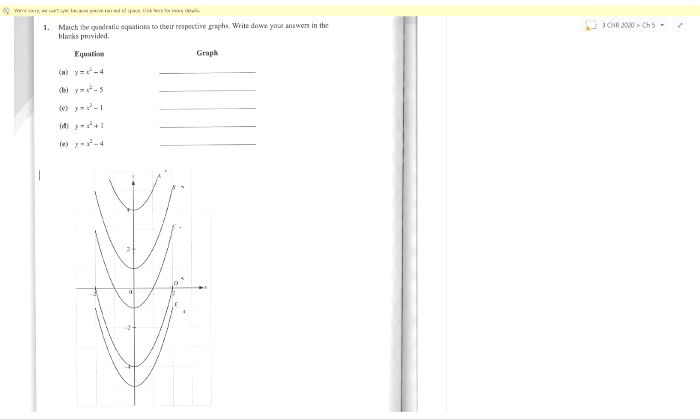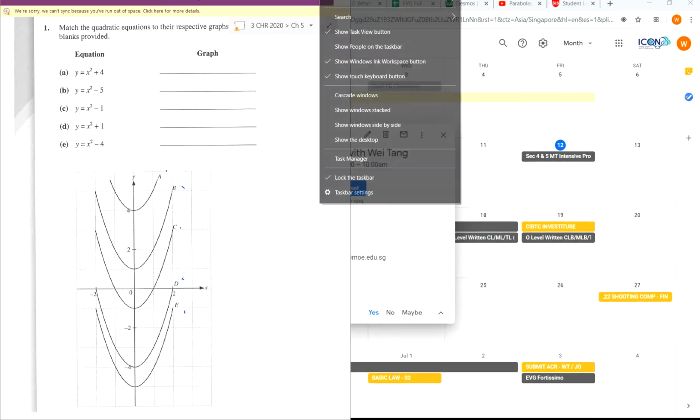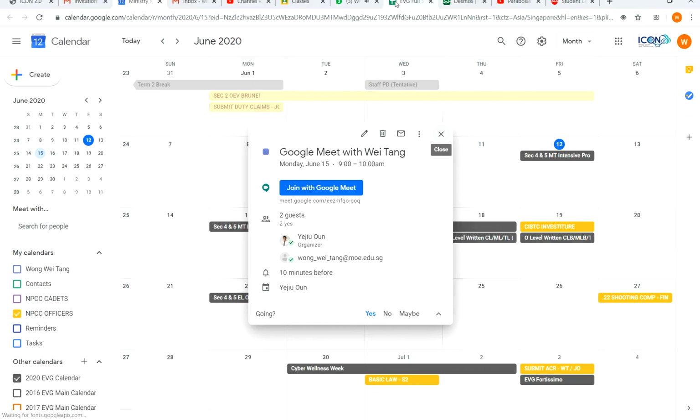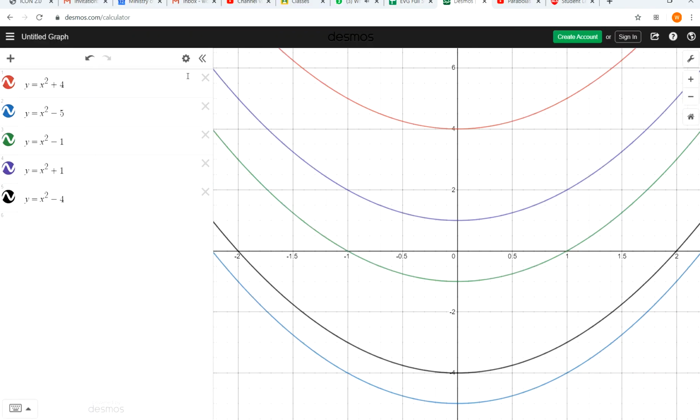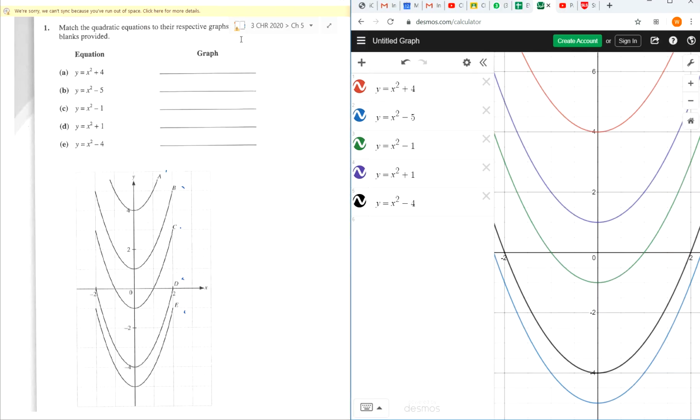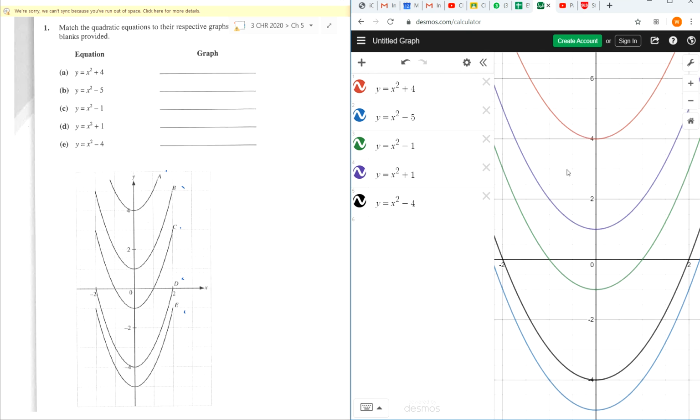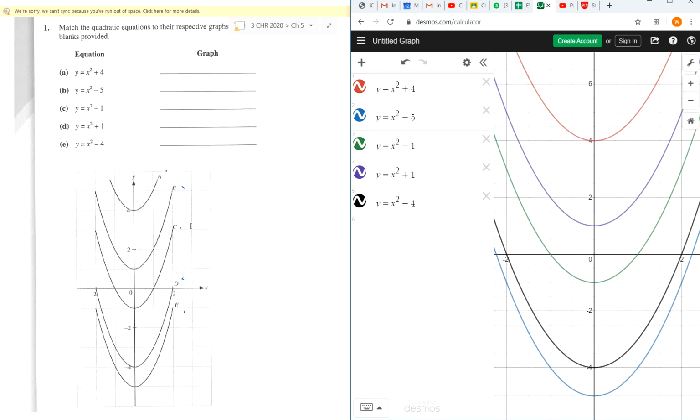Once again, this software is called Desmos. So I've got the graphs over here that I've drawn. They correspond to these graphs shown in your workbook. Then the equations are as such: x squared plus 4, x squared minus 5, x squared minus 1, x squared plus 1, x squared minus 4.